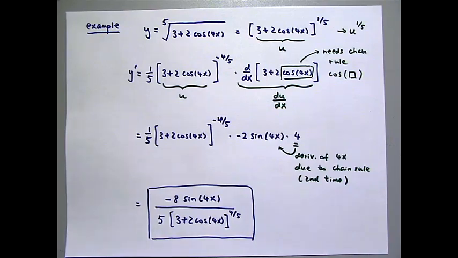And if you have really complicated stuff, sometimes you have to chain this out a few more times. But here, if you know how to do it twice, you can do anything beyond that. Questions?